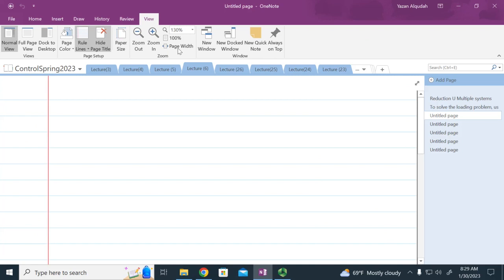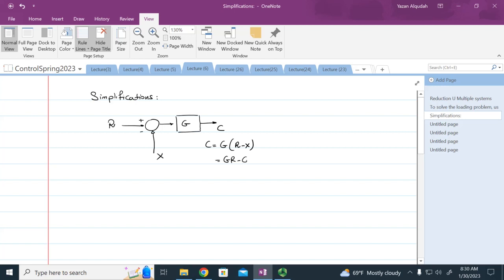Okay, another simplification that we can have. If I have an R and another signal X, C here is equal to G multiplied by R minus X, which is equal to GR minus GX.